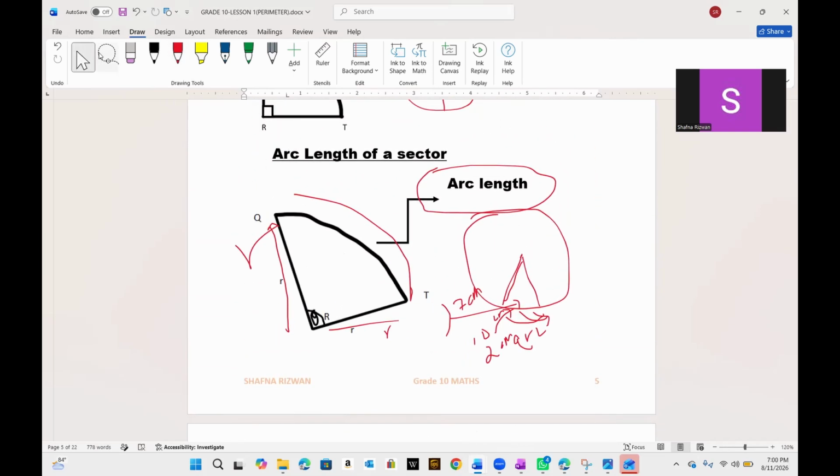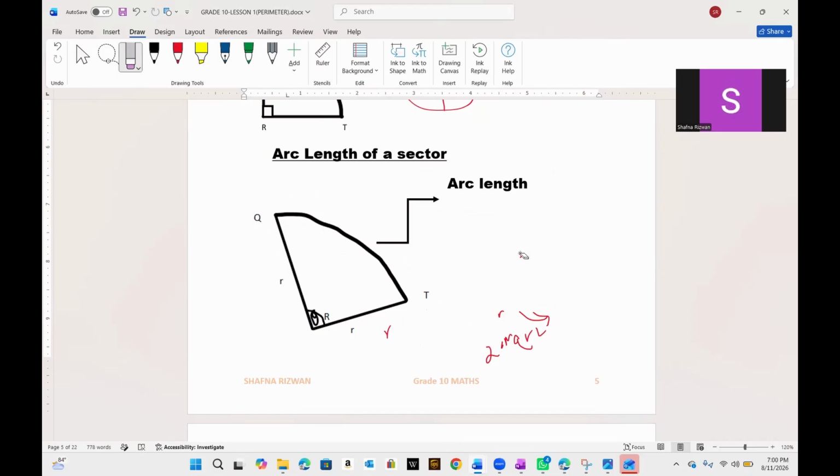Always remember, if you want to find the arc length of a sector of a circle, what should you do? You should first of all see how much of the circle we are taking.